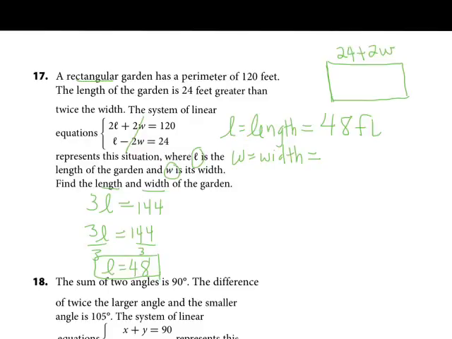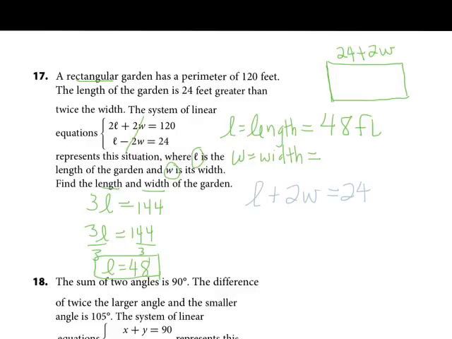Now I think it would probably be easiest to plug it into my second equation. So that's exactly what I'm going to do. So I'm going to rewrite my equation here. L plus 2W is equal to 24. And I'm going to substitute the L in here.